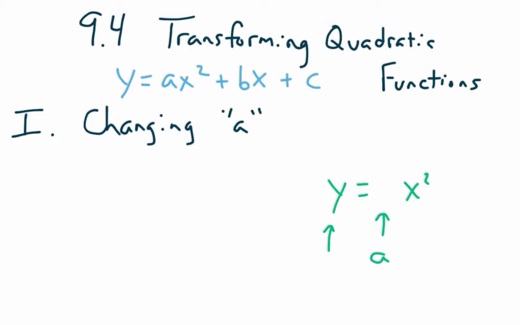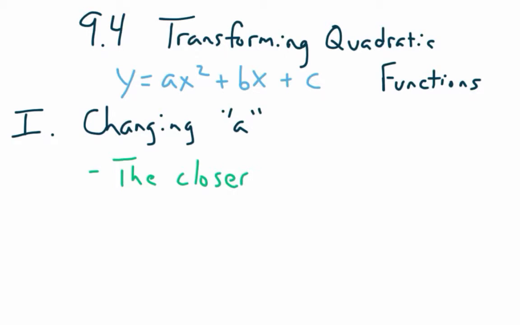So I'm going to try to write it this way. This is kind of what I would write, but if you can make sense of it logically, it's less like just memorizing things. I'm going to say the closer a is to 0, so that'd be like the 1/2 that we had, we said that made the y value smaller. So that's going to make the parabola not go up as steeply.